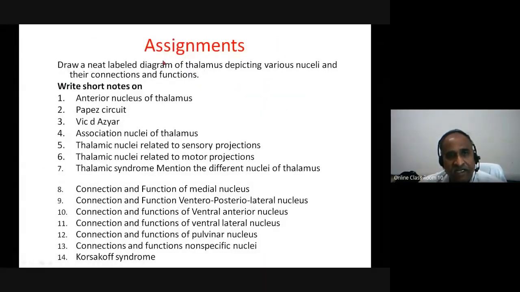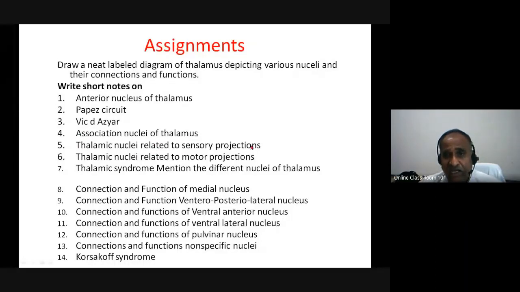Assignments: draw a neat labeled diagram of the thalamus depicting various nuclei and their connections and functions. Then write short notes on the following: anterior nucleus of thalamus, Papez circuit, Vicq d'Azyr, that is the mammillothalamic tract, association nuclei of the thalamus, I have explained.